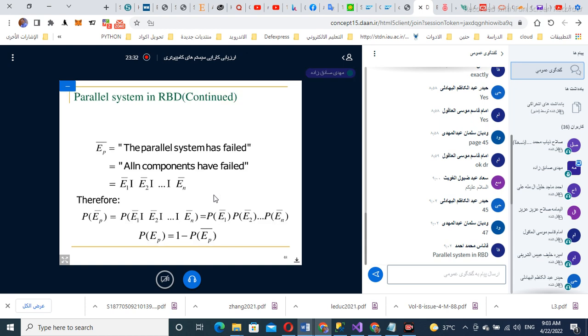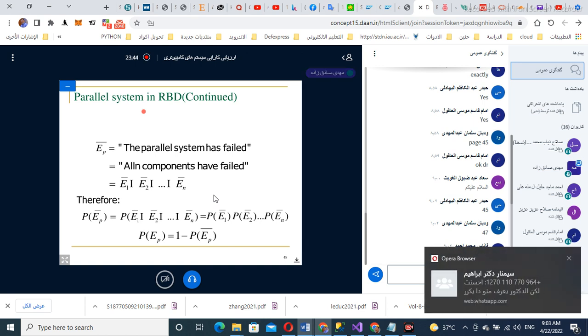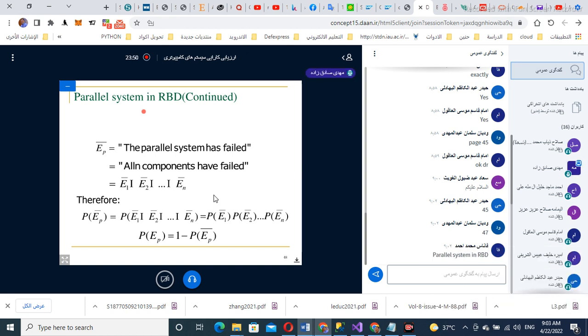So Ep bar means the parallel system has failed, that is, the parallel system is not working. When a parallel system fails, all components have failed, that is E1 bar intersection E2 bar intersection En bar.